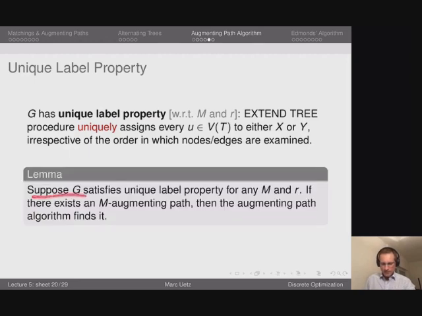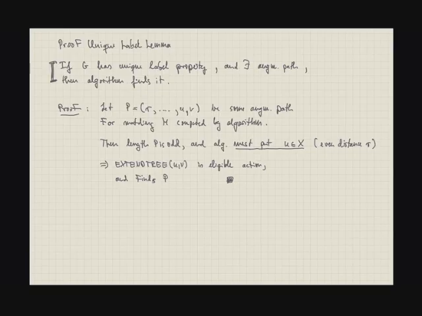Suppose we have a graph that satisfies this unique label property. Then if there exists an M-augmenting path, our algorithm also finds it. And the proof is quite simple. So here is again the repetition of the statement. If our graph has this unique label property and there exists an augmenting path, then our algorithm finds it, in short.